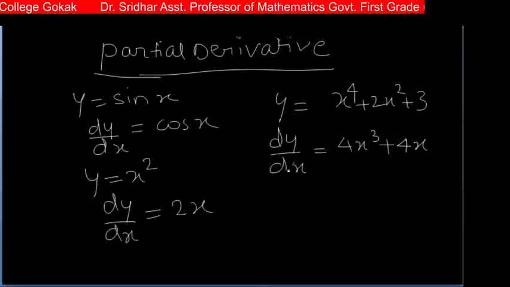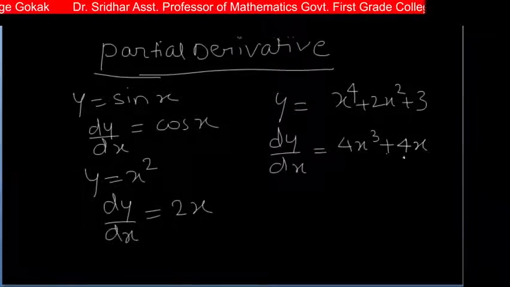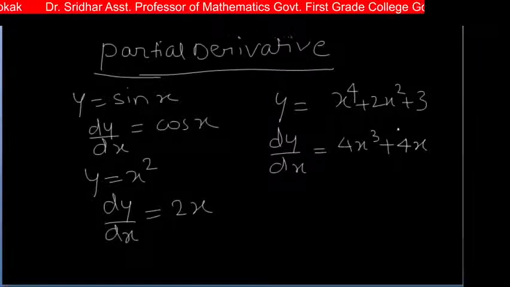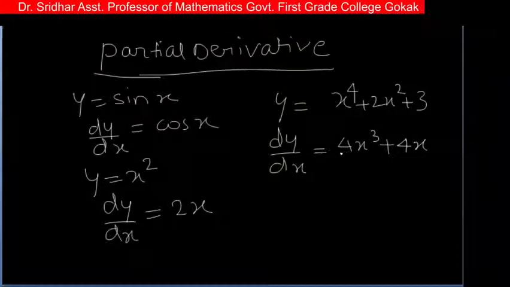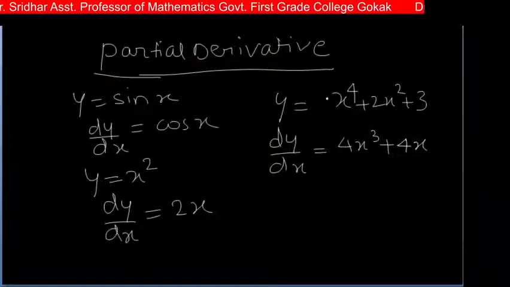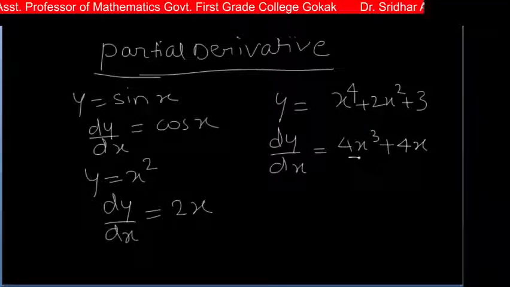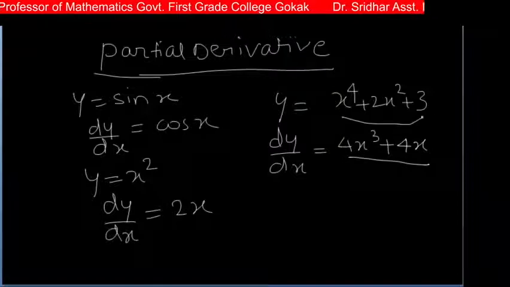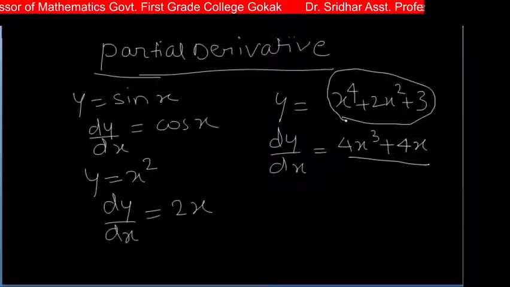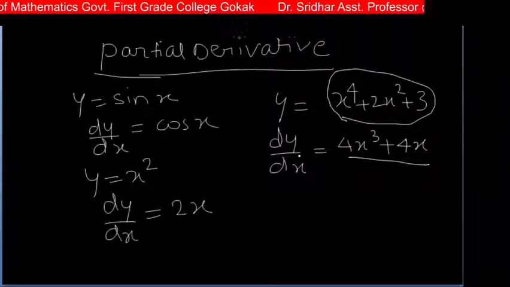So you will get dy by dx is equal to 4x cube plus 4x. So 4x cube plus 4x is the derivative of x raised to 4 plus 2x square plus 3.